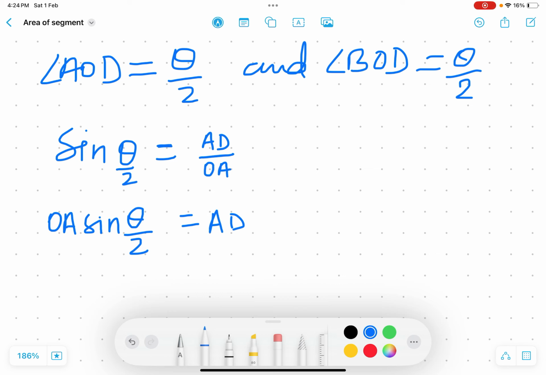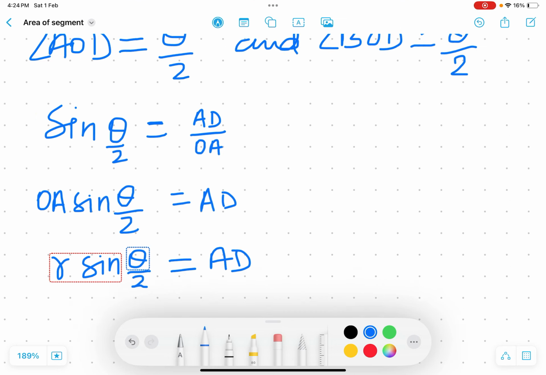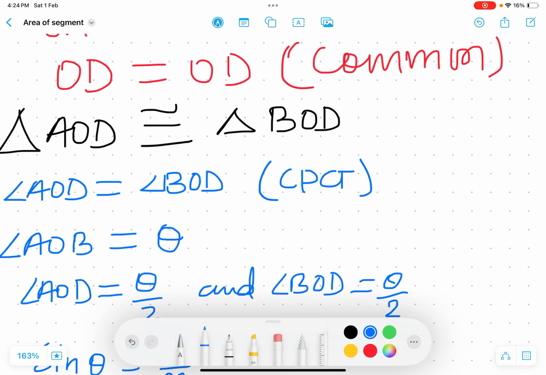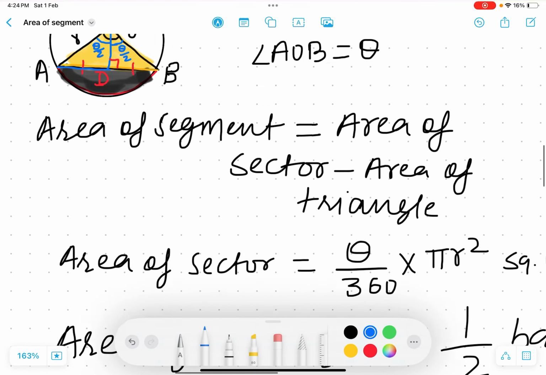OA is the radius of the circle, R. So R sine theta by 2 is equal to AD, and we know that twice AD is equal to 2R sine theta by 2, isn't it? And you know that AD and BD are equal.